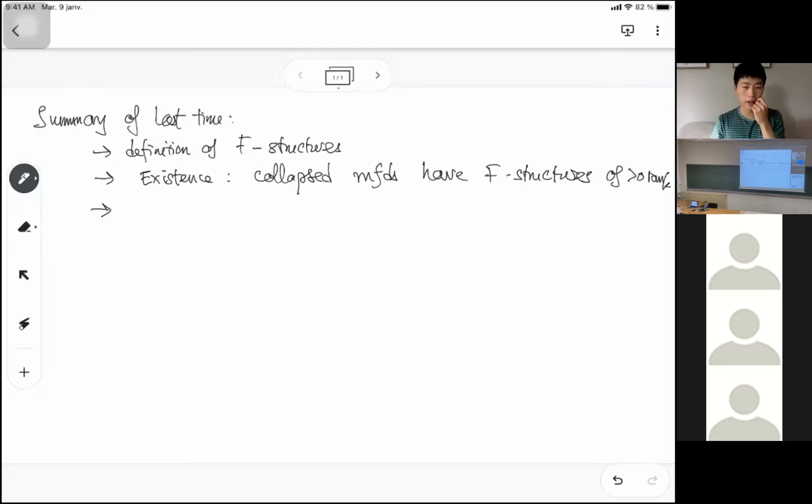And on the other hand, you have a kind of converse, meaning once you have an F structure of positive rank, then you can find a continuous family of metrics that is collapsing. So you have this corresponding collapsing construction once you know you have an F structure.